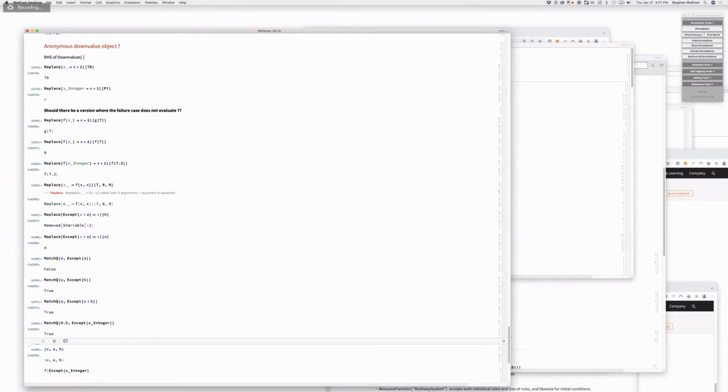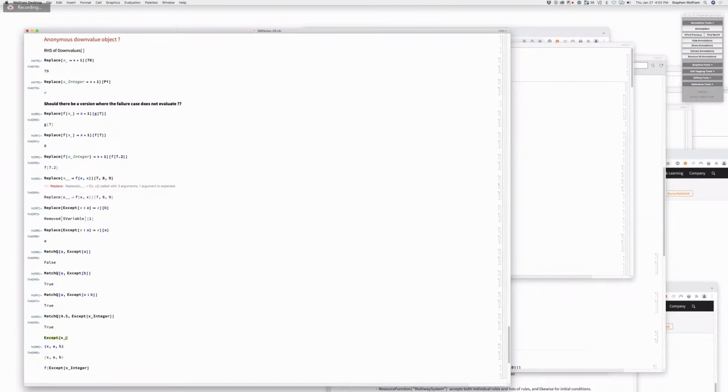Let me think if this makes sense. What if you have an X that appears somewhere on the left-hand side of the rule, and then also appears somewhere inside of an except on the left-hand side of the rule? Right. And so I think you can get cases where you bind the thing outside, and then the question is, is there a consistent binding of the X inside?